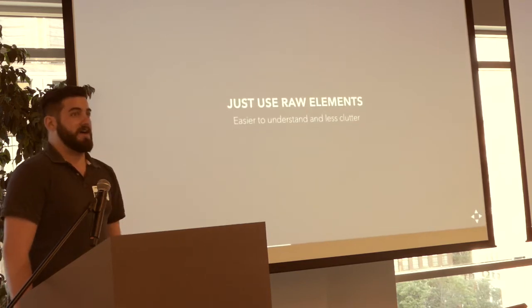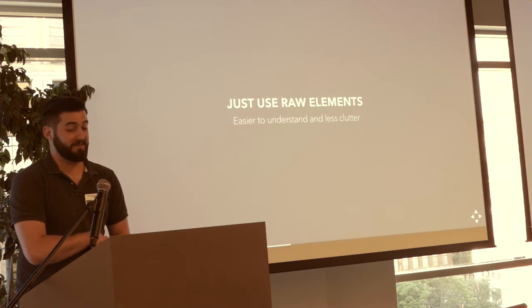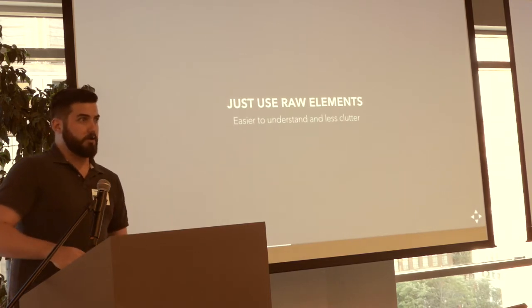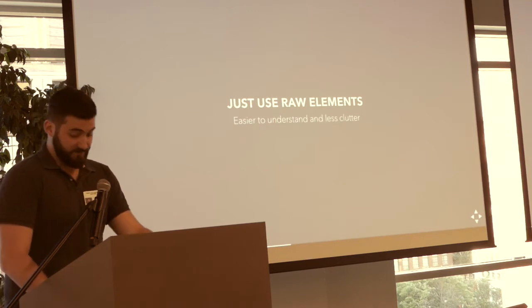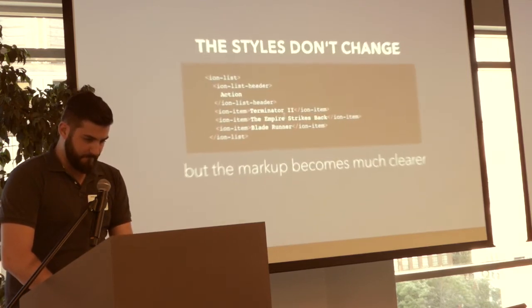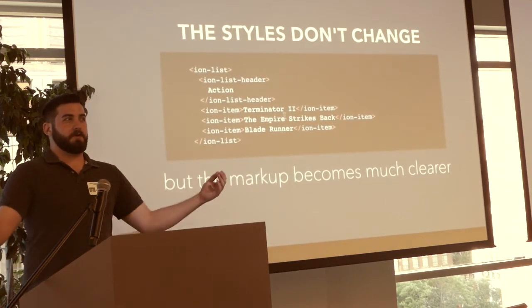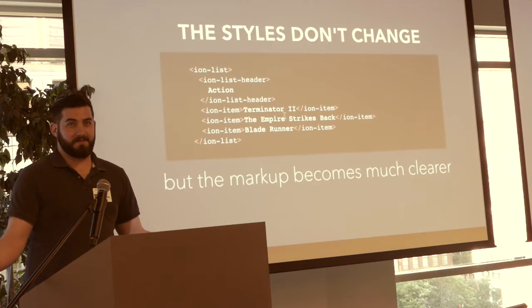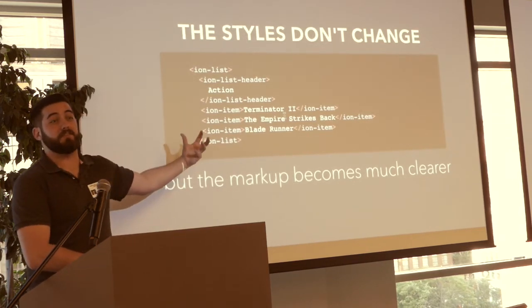So we just use raw elements, custom elements based in CSS only. So when you want to describe a layout, it actually makes some semantic sense. Now we have a list. Who can tell me what a list looks like? Doesn't matter. It's still a list. We know what this is going to do.